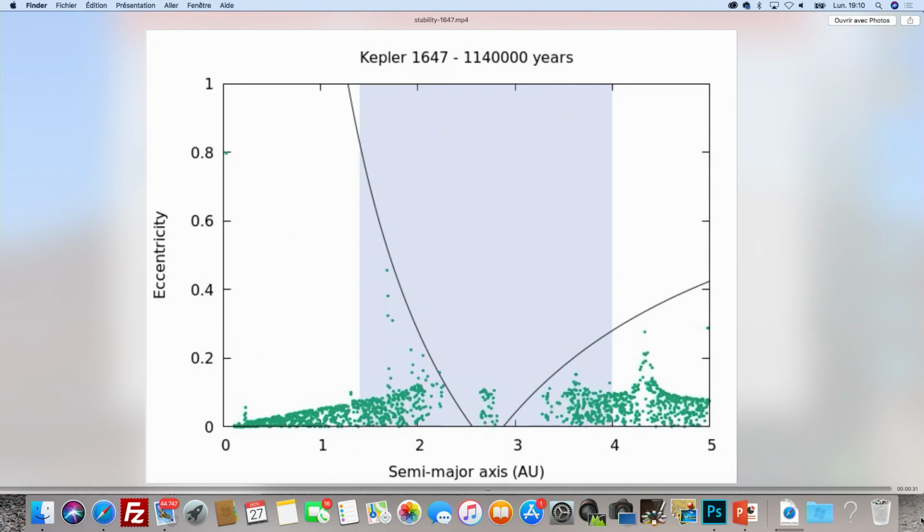And one interesting thing is that we have a stable region here that's coorbital to the body. So we have inner, outer and coorbital regions. So we have 3 possibilities of stable regions where we might have the formation of a planet.